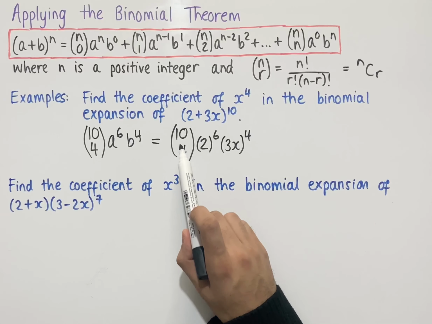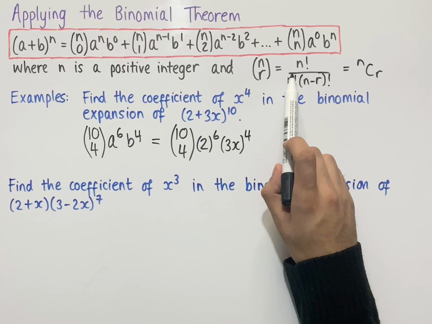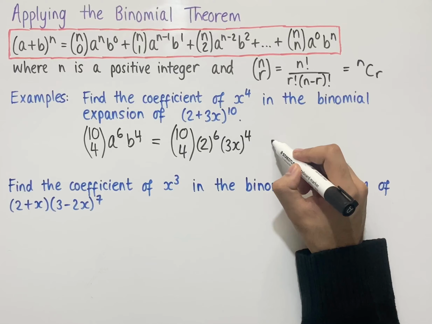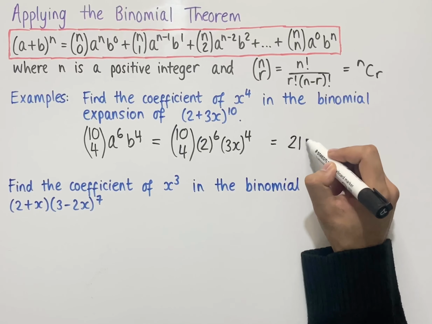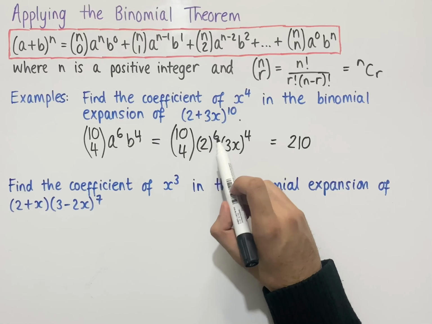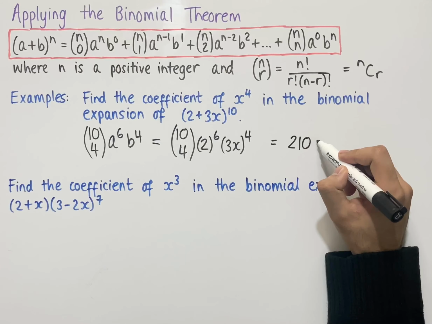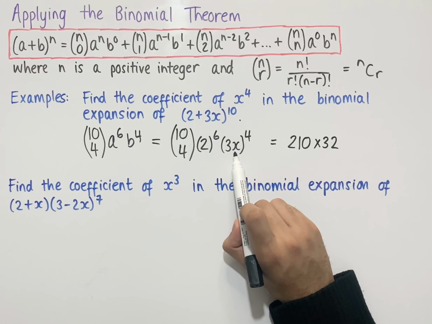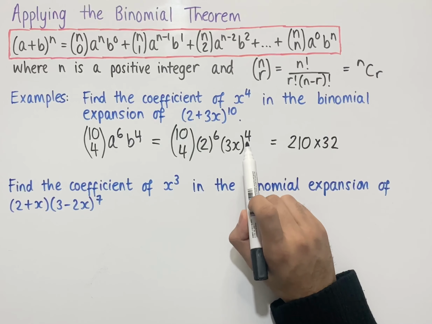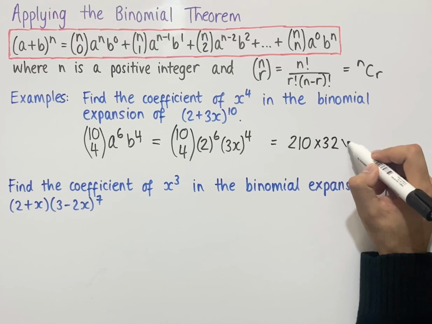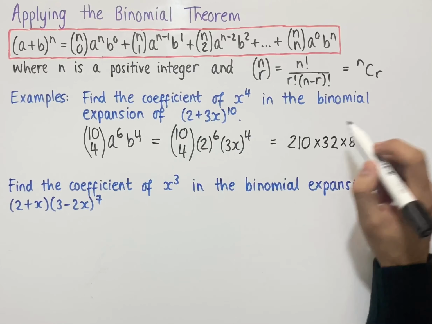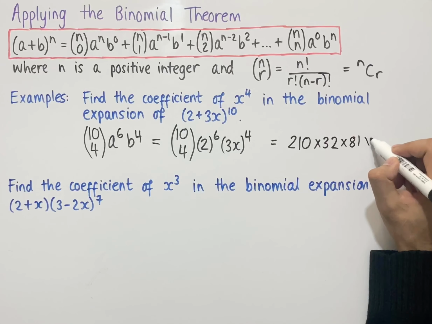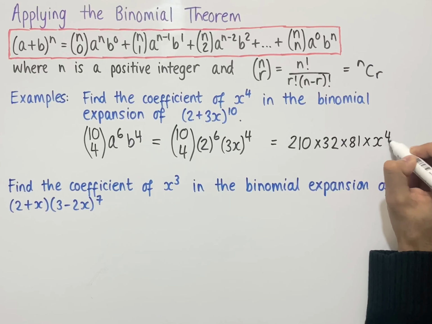If we were to work 10 choose 4 out, either using this formula or on a calculator, we would find that it equals 210, and then 2 to the power of 6 is equal to 32, so we multiply by 32. Then (3x) to the power of 4 is the same as 3 to the power of 4 times x to the power of 4. 3 to the power of 4 is 81, so we multiply by 81, and x to the power of 4 is just x to the power of 4, so we multiply by that as well.